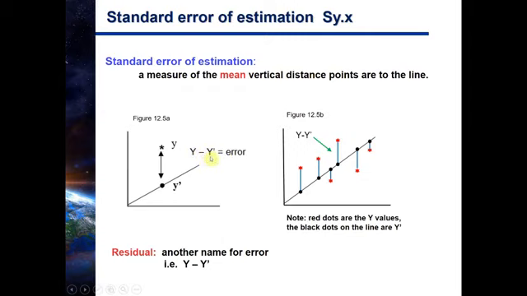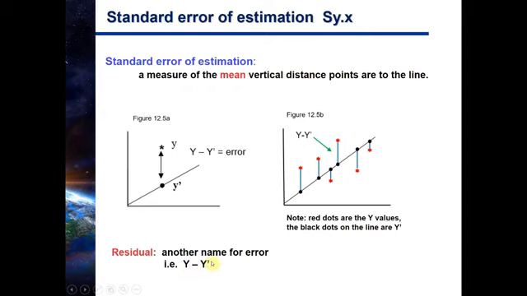We do not do y prime minus y. Now, another name for error is residual. For some reason, when we talk about correlation and regression, we like to use the term residual. I have no idea why we do that. We just do. So when you see the word residual, we're talking about error. So if we're talking about one residual, we're talking about one distance between a particular value of y and its predicted value.